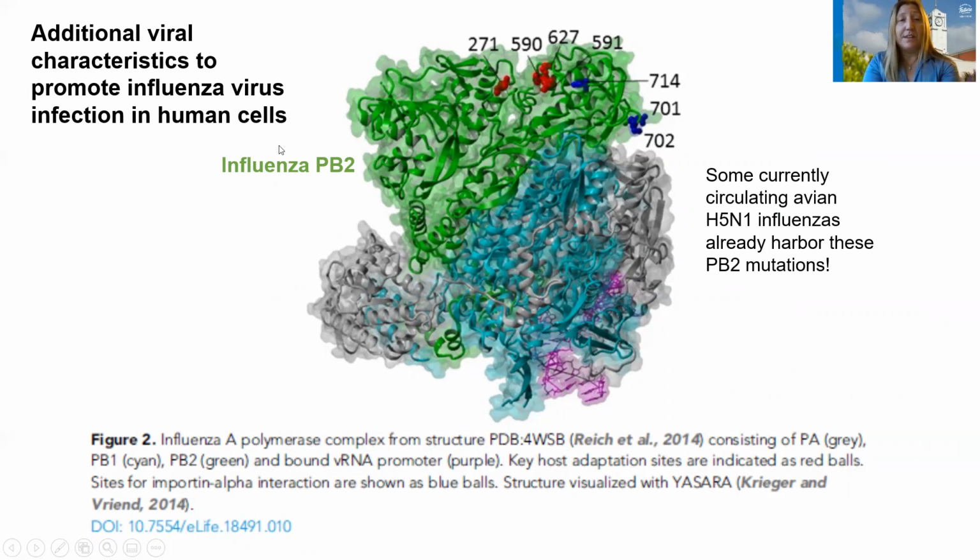And this is within the influenza polymerase basic subunit, part of the replicase enzyme of the virus. And indeed, surveying some of the circulating avian H5N1 influenzas, some of them already harbor these changes that would improve influenza replication in human cells.